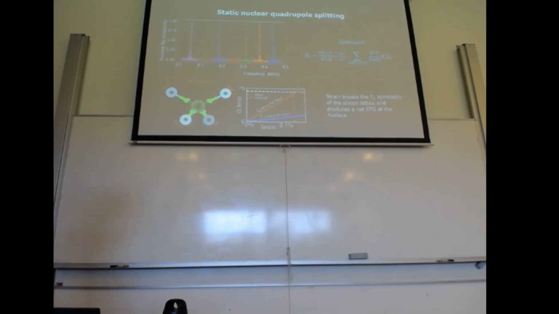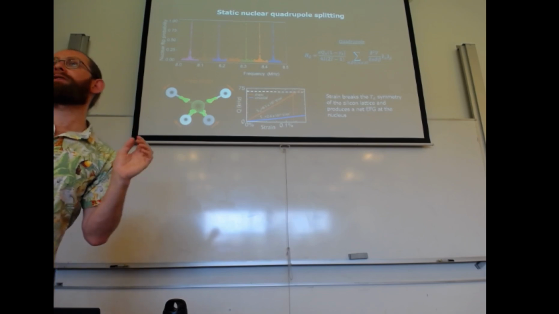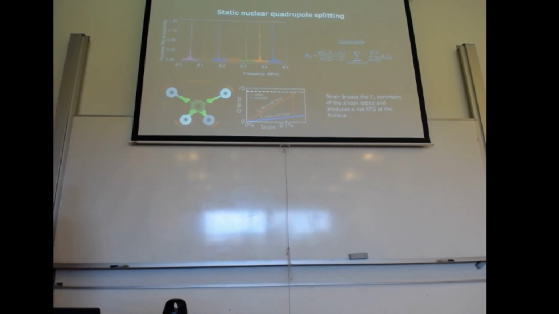Now, in the remaining time, I want to dive a little bit into the microscopics behind this system. And for that, we need to look into the quadrupole interaction. So this is the quadrupole Hamiltonian in its full form. This is a 3 by 3 matrix of all the products of the spin operators, and the defining quantity in there is the matrix of second partial derivatives of the electric potential, so the electric field gradient.